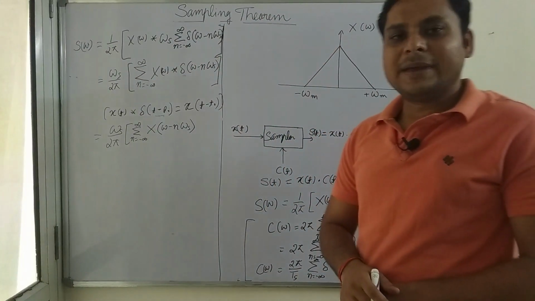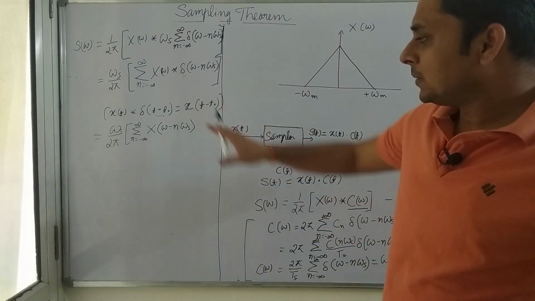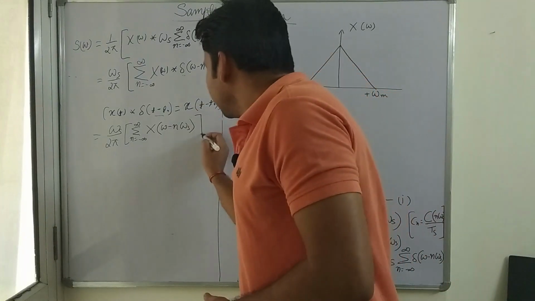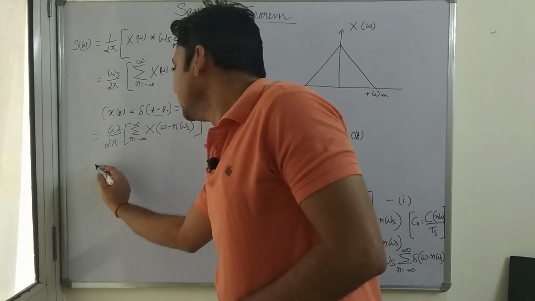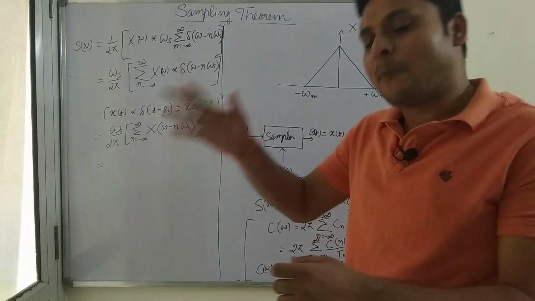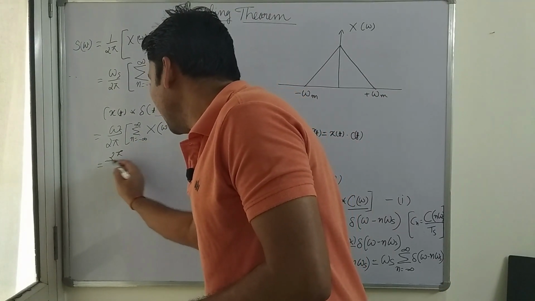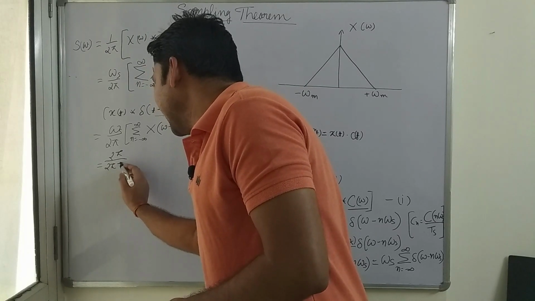In this way it is obtained. Now omega s upon 2 pi: omega s is 2 pi upon Ts, so it will become 2 pi upon 2 pi Ts.